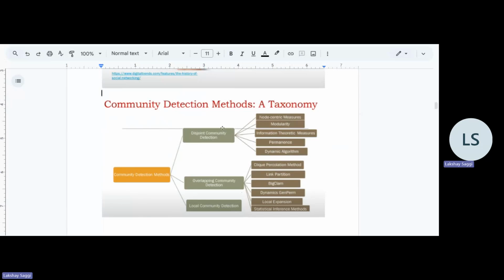There are methods which can find disjoint communities, some methods which can find overlapping communities, and lastly, some algorithms which will help us identify local communities. Not this time, but in some upcoming lectures, we'll look at some of these local community detection algorithms, which will be most important.